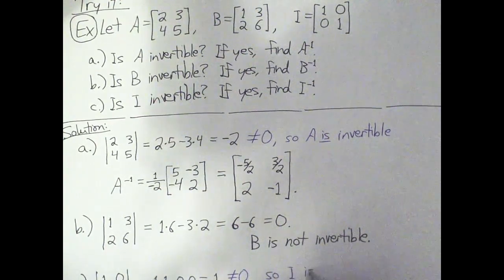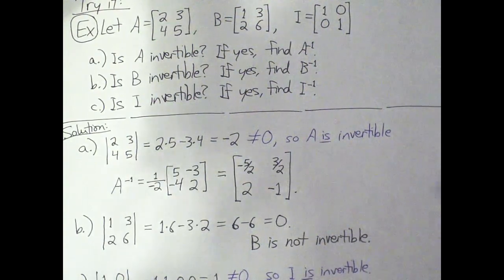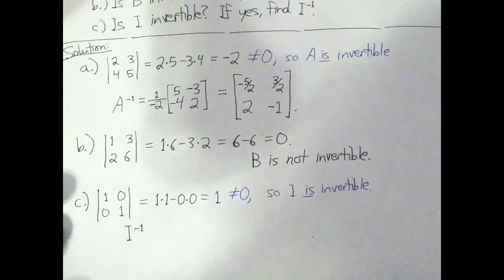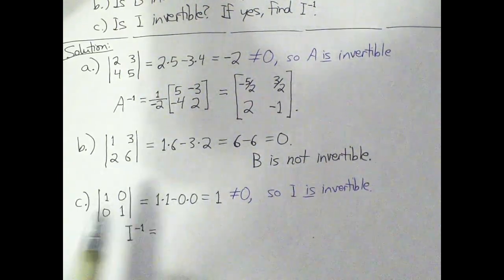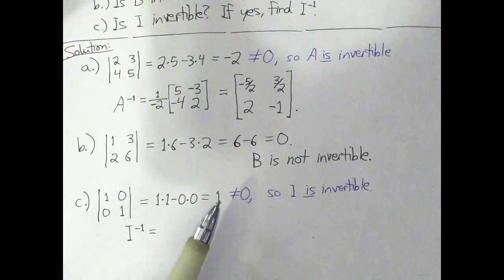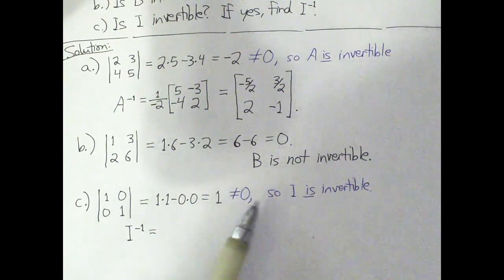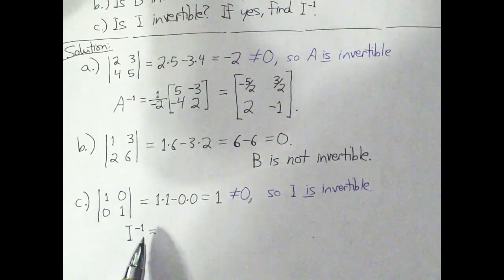So I is invertible. I inverse, oops, I didn't realize I'm going off the bottom of the page. I did the AD minus BC and I got 1. It's not equal to 0, so I is invertible.